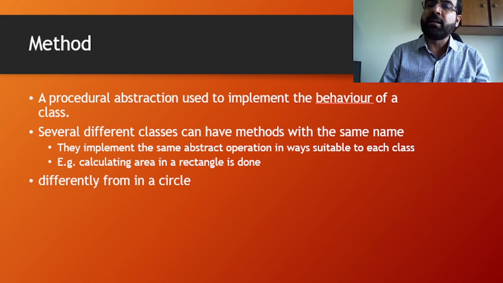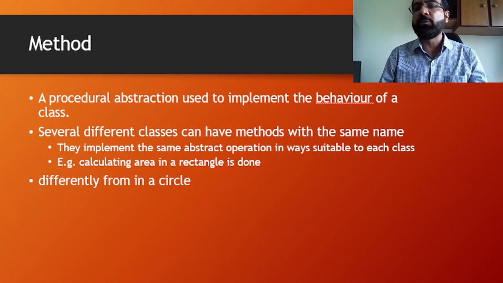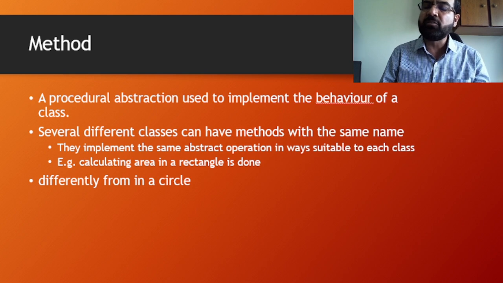Several different classes can have a method with the same name. Yes, this is possible. They implement the same abstract operation in ways suitable to each class, and that concept is related to polymorphism, which is a very important principle and one of the strengths of the object oriented model. For example, there are various kinds of employees, and we want to calculate salaries and pay.